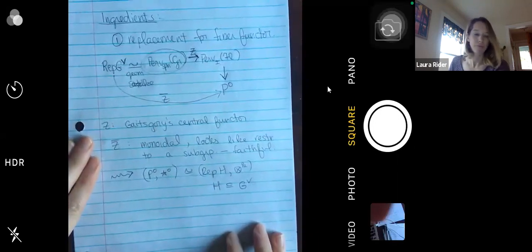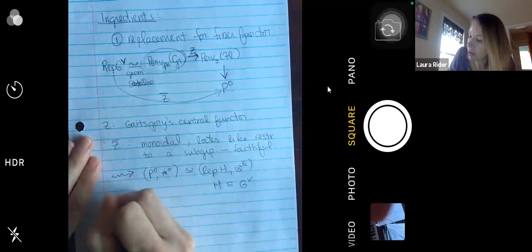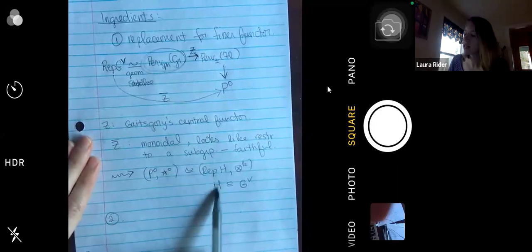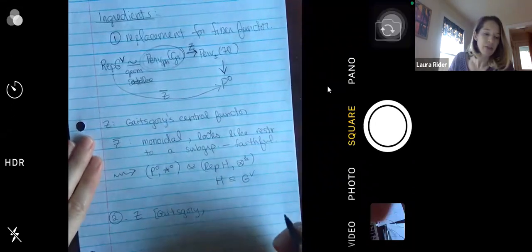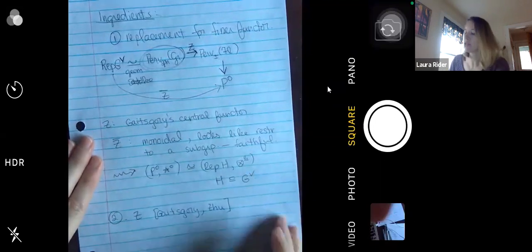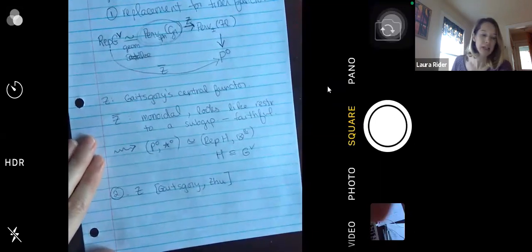Okay, the next step is to see how I get the centralizer of a nilpotent element here. This comes from the fact that this functor Z, originally due to Gaitsgory and then done in a slightly different way by Xinwen Zhu, and we actually need to use his construction of the functor in order to make this work. This functor is given by nearby cycles.